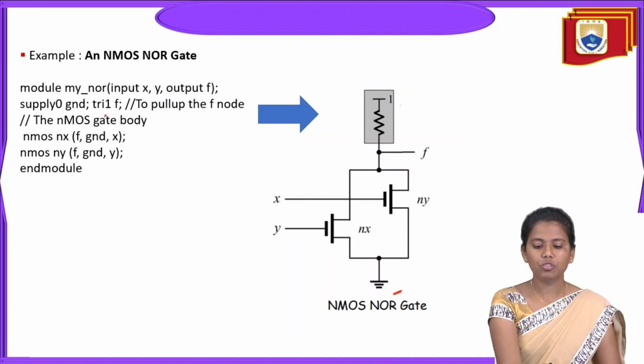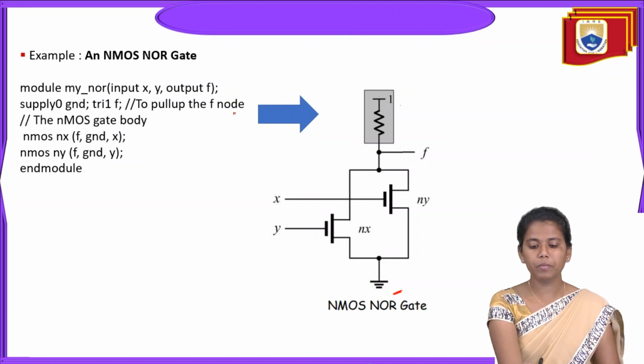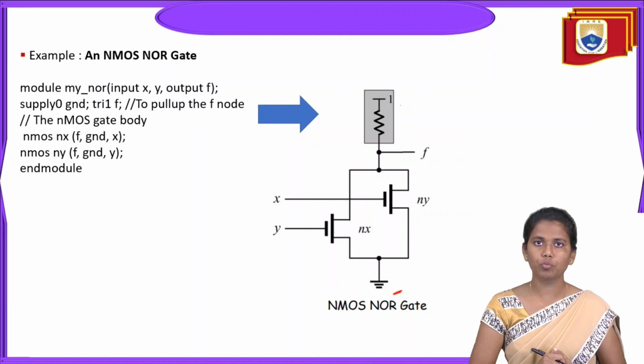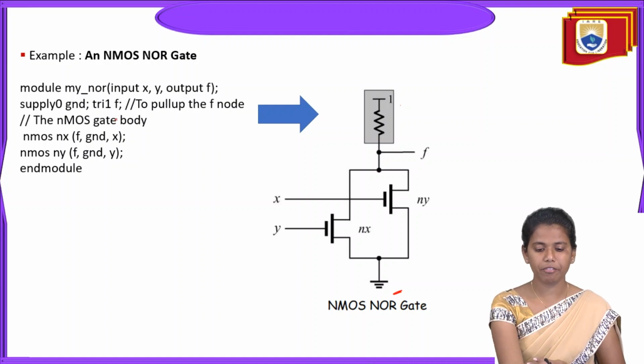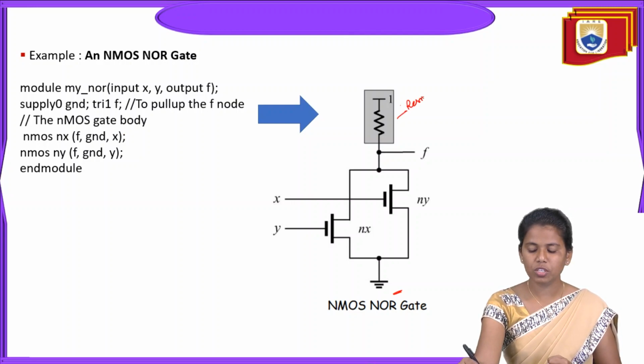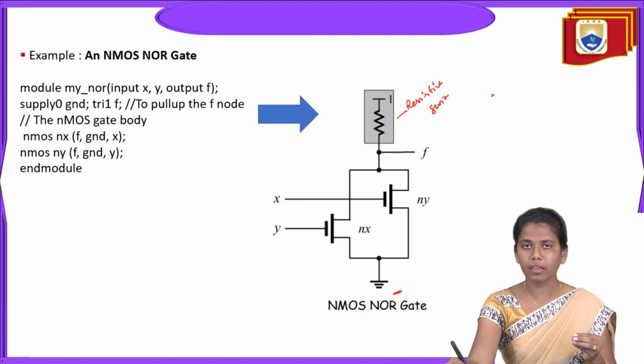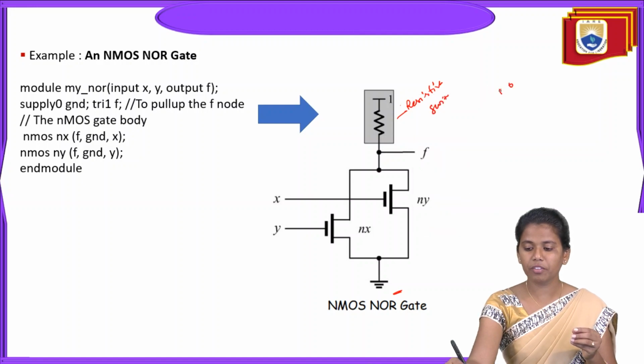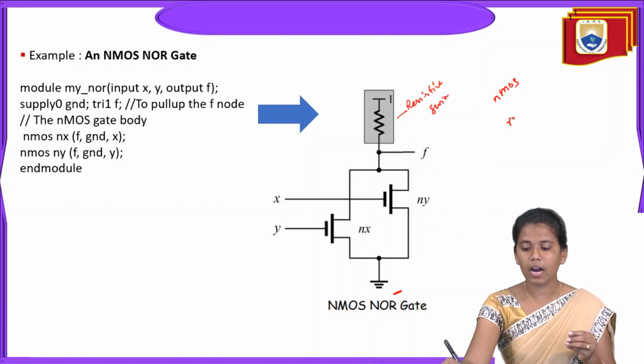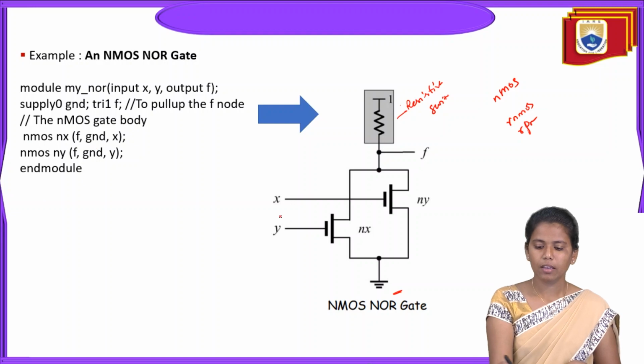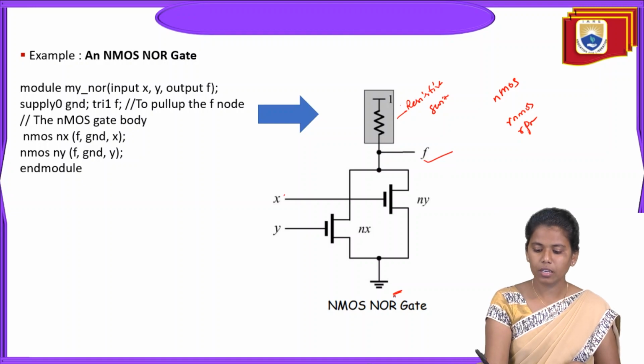And see here, tri1 F to pull up the F node. So to pull up the F node, what we are considering is a tri-state net, that is tri1 F. These are nothing but resistive switches. So if I'm considering my switch as a resistive switch, for NMOS I can write RNMOS, and likewise RPMOS. Then for NMOS NX, F is the output, ground is the supply, and X is the input.